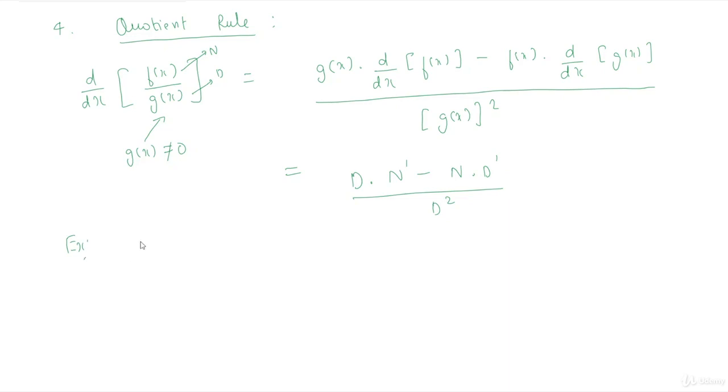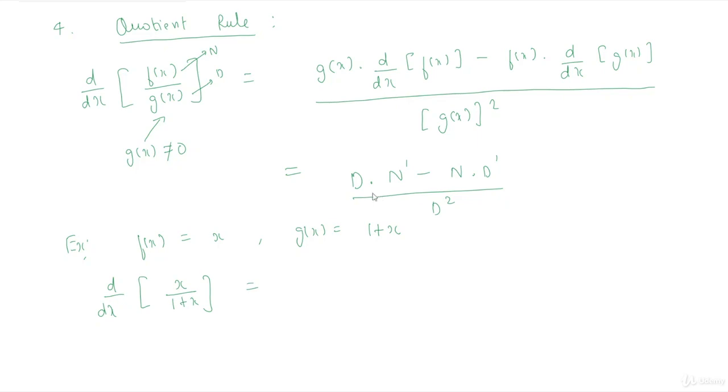Now let's take an example where f of x is equal to x and g of x is equal to 1 plus x. Right, so now let's go by the quotient rule to calculate the derivative. So this will be d by dx of x over 1 plus x.